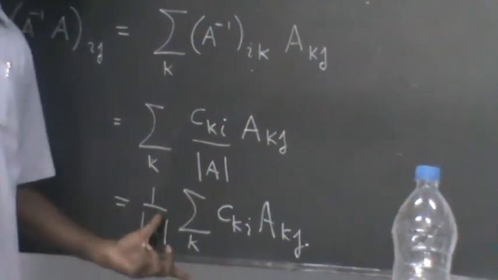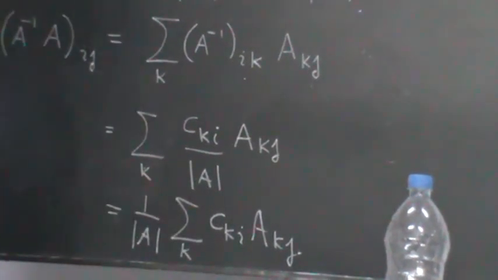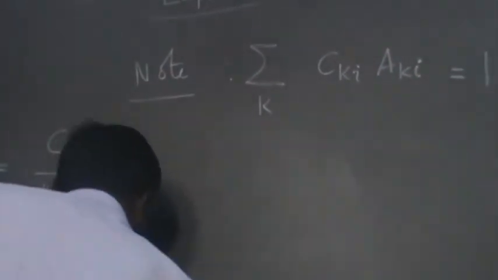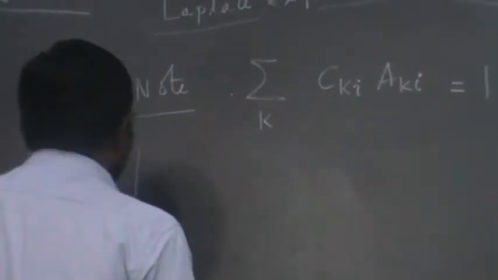If I argue that, I can write this as delta ij. So how to argue that one? Suppose I have this matrix A. Please follow this argument carefully.